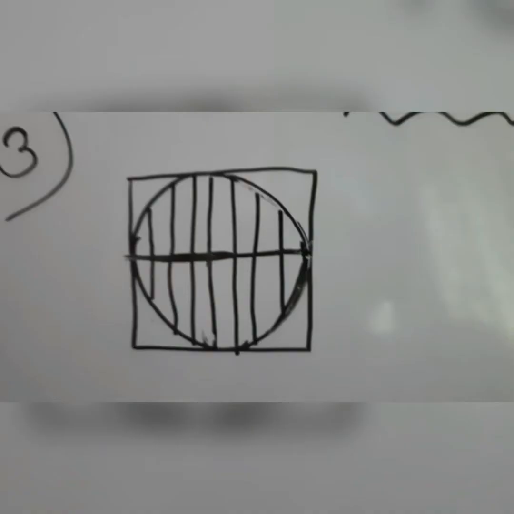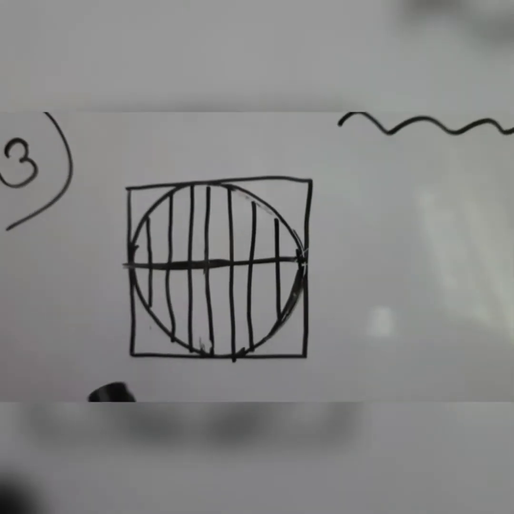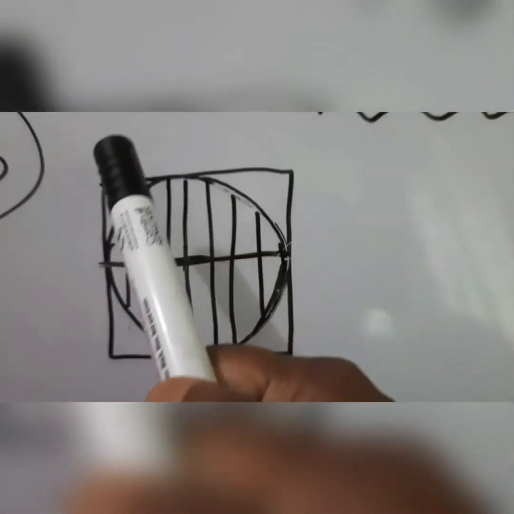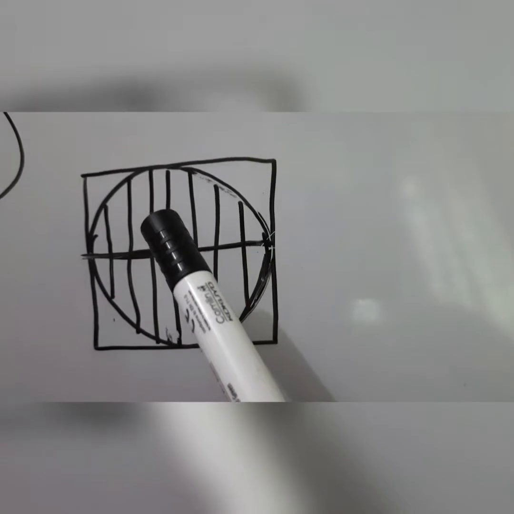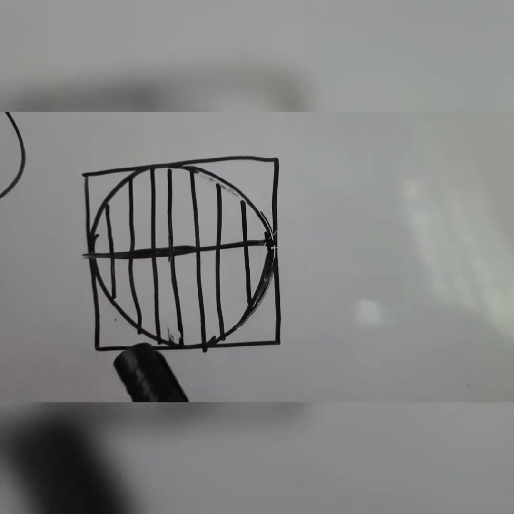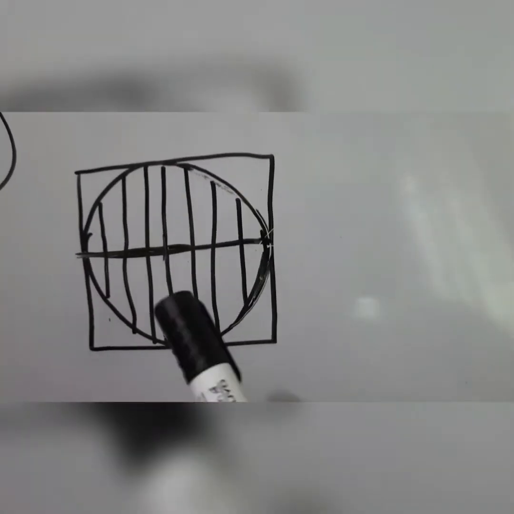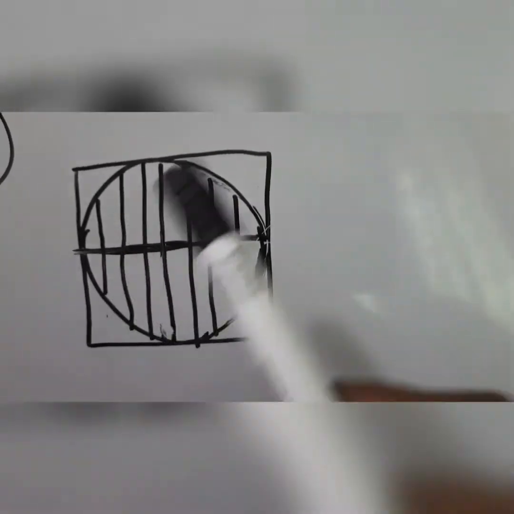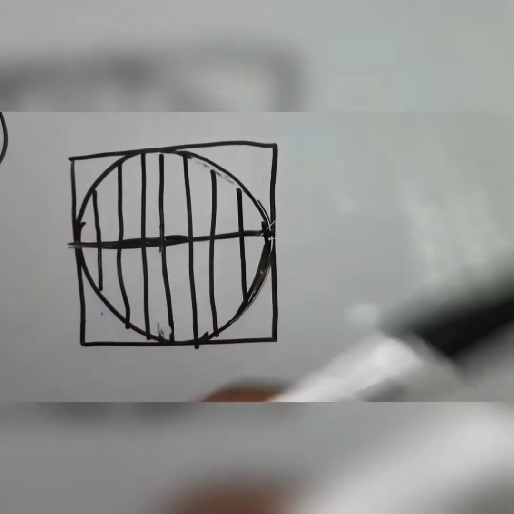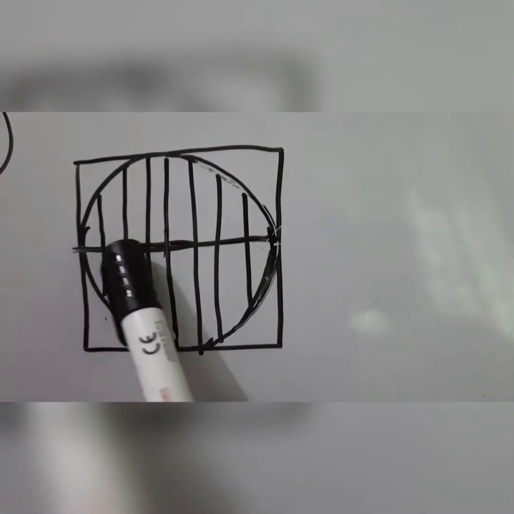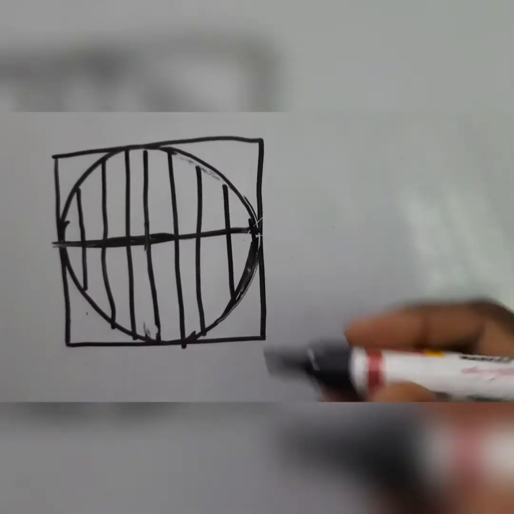Next question. Circle exactly fitting inside a square. Now third question, we saw a square inside a circle. So last problem is circle in a square, the opposite. So first I draw a diameter of this circle.